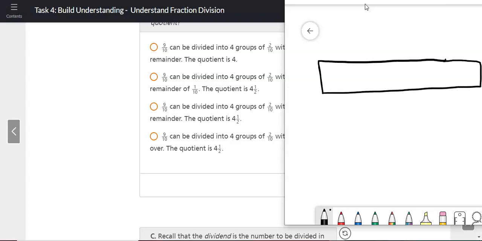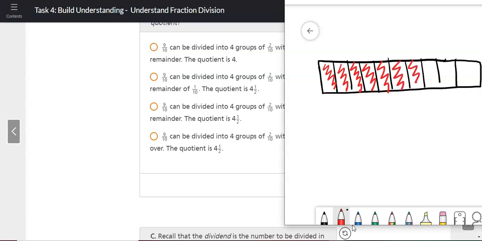So I'm going to divide this into 10. 1, 2, 3, 4, 5, 6, 7, 8, 9, 10. So I get a little big at the end, but that's okay. So I'm going to shade in 9. 1, 2, 3, 4, 5, 6, 7, 8, 9.